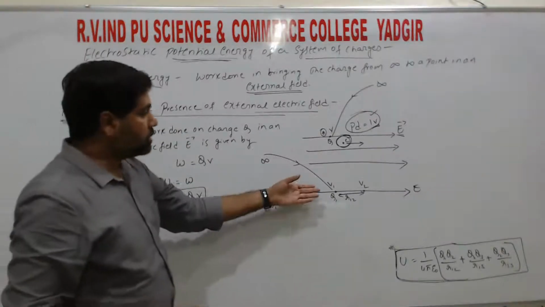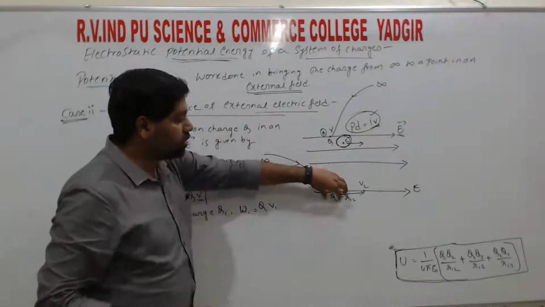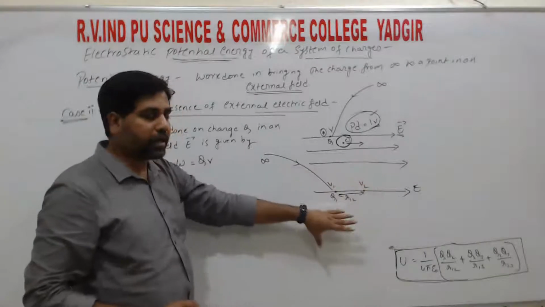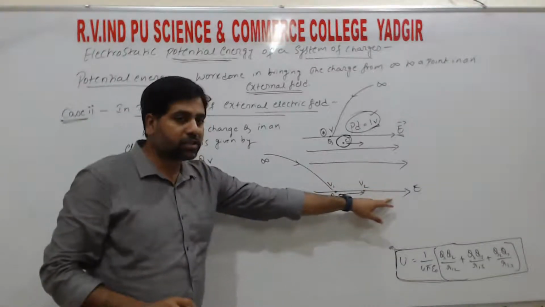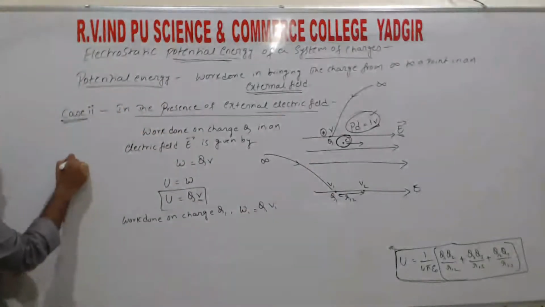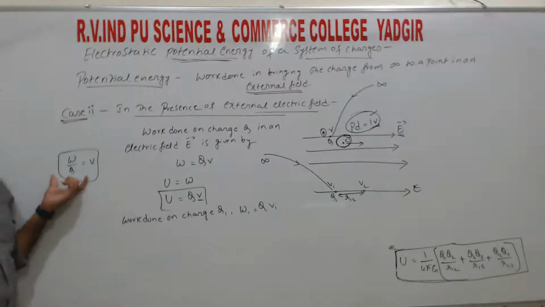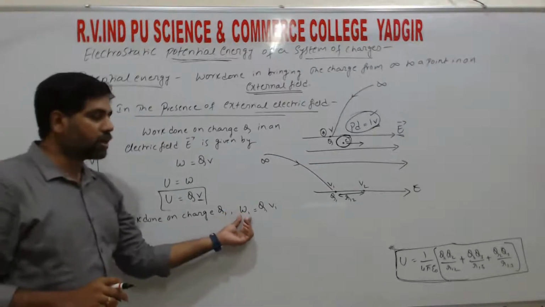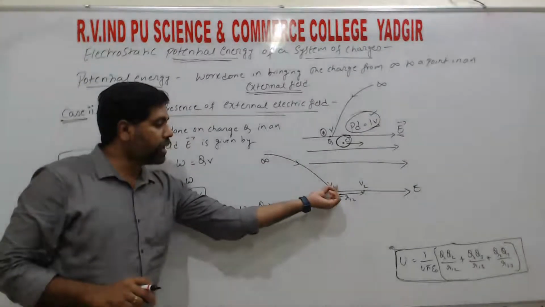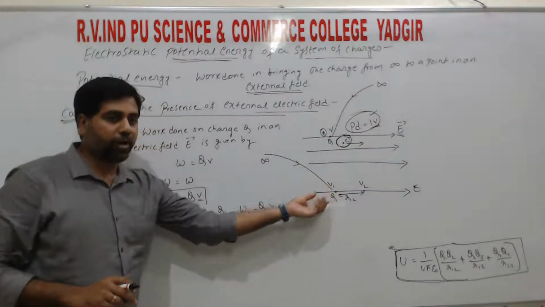In the absence of an electric field, the work done on Q1 is 0 because there is no external field. But in this case we have the external field and also the potential. Again from the relation W by Q is equal to V, we get the work done while bringing the charge from infinity to the point where we have the potential V1.